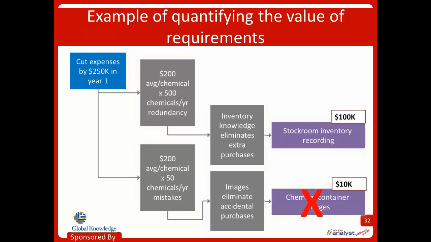The chemical container images are actual pictures of the chemical container. So maybe the lab assistant is requesting a chemical. They can see in the system what that chemical looks like to make sure they're requesting the right thing, right? Now remember, our objective here on this project was to cut $250,000 in costs, okay? So keep that in mind for a minute.